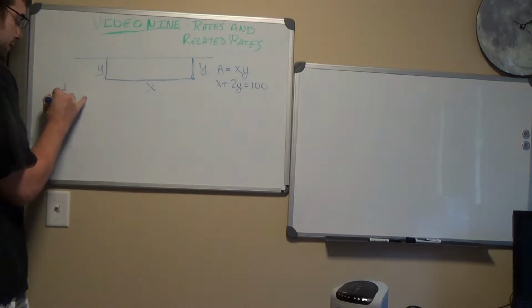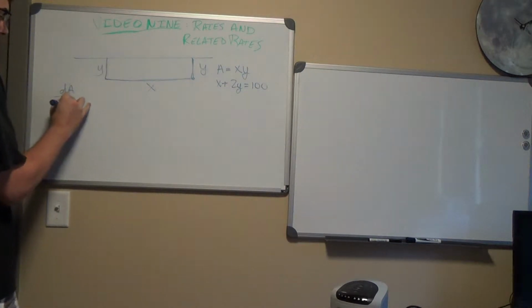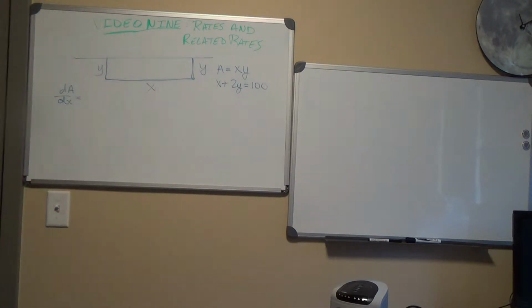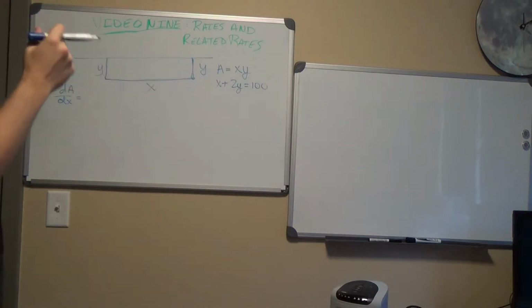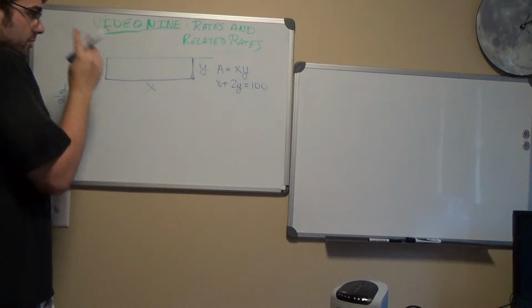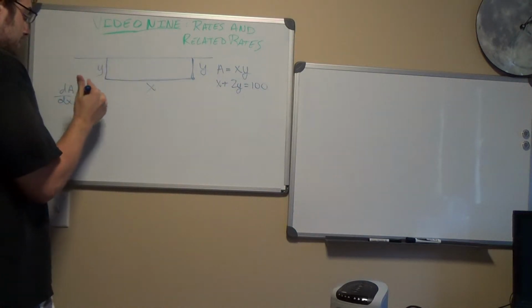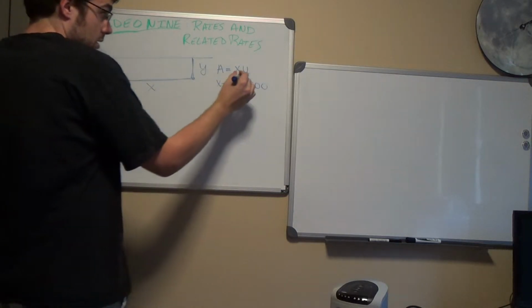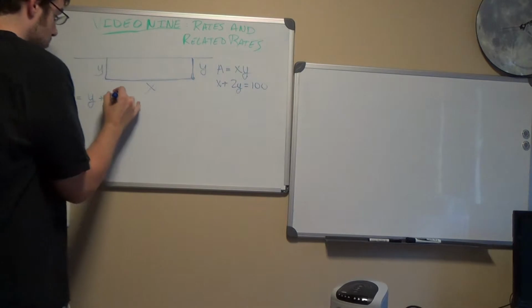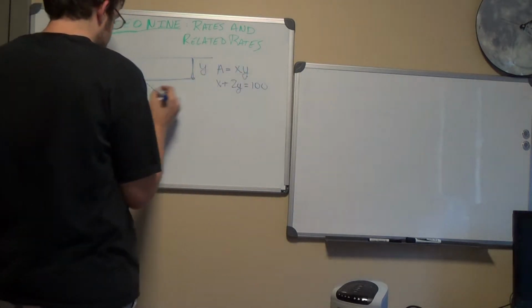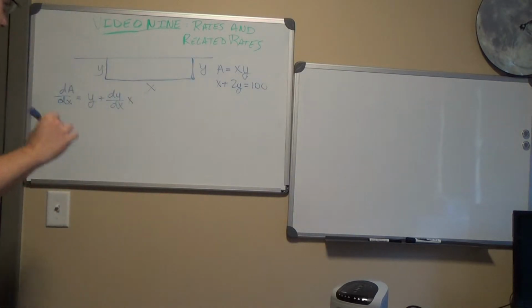So we want to find dA/dx. We're going to be using the product rule and the chain rule here through implicit differentiation. So first we want to take the derivative of x. The derivative of the first term is 1 times y, plus the derivative of the second term, which is dy/dx, times the first term, which is x.